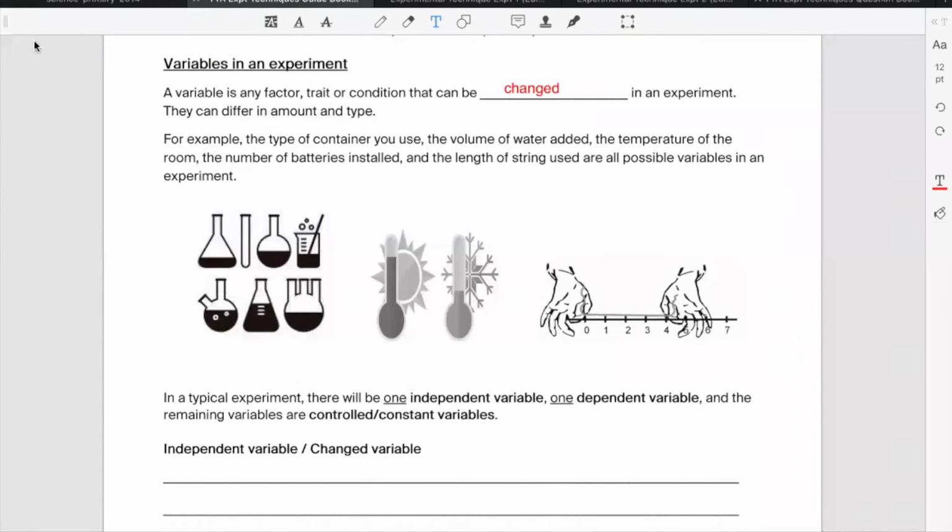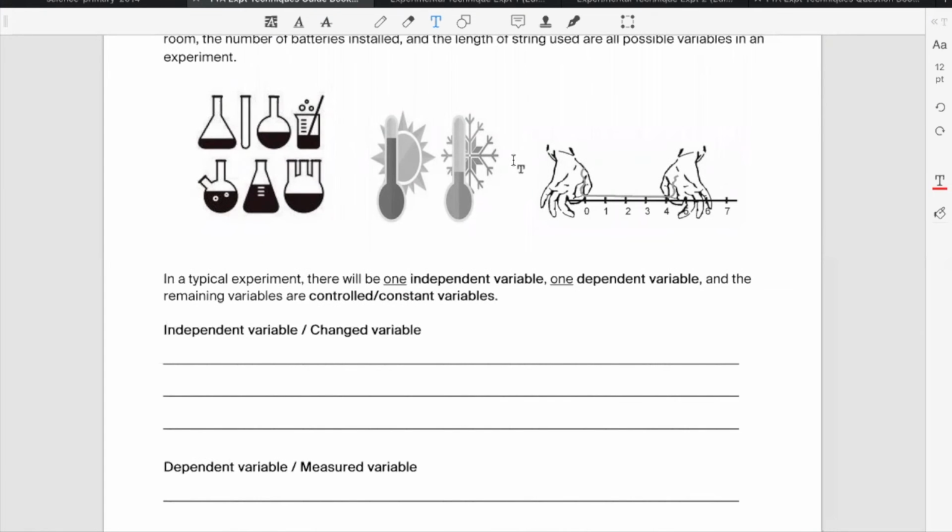So please remember. Now, let's again define what is the change variable, the independent variable. It's basically a variable that you decide to test. I know you're about to say to change, but I'm not going to use the word change.